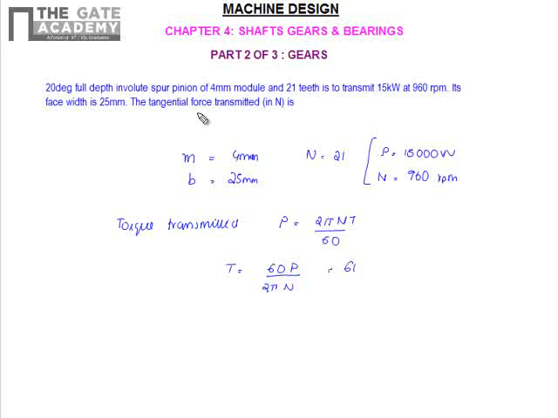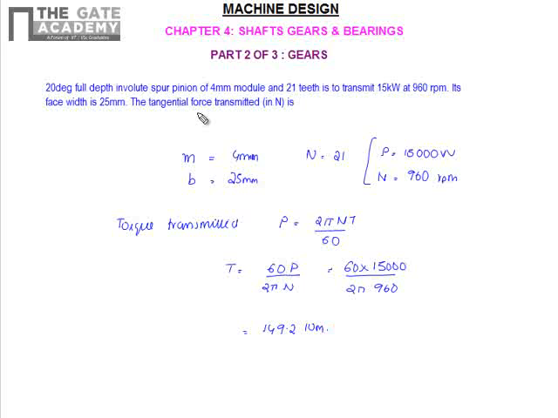Here it will be 60 into power, 15,000 watts, divided by 2 pi into n, the speed in revolutions per minute. This will give 60 into 15,000 divided by 2 pi into 960. That will be 149.2 Newton meter.